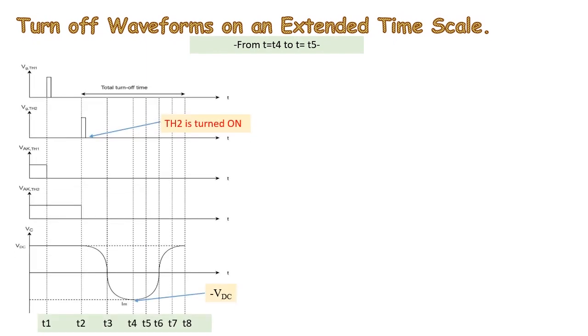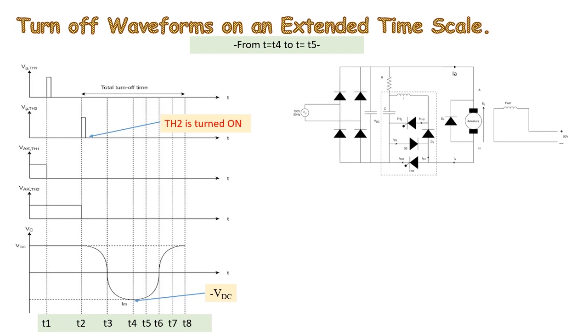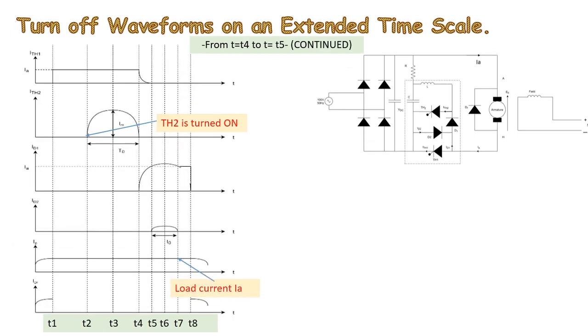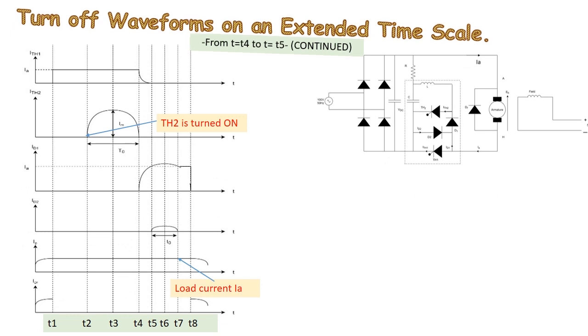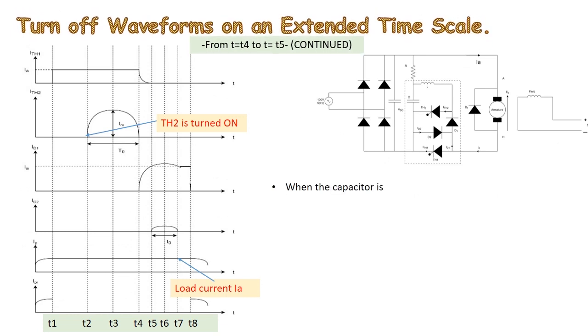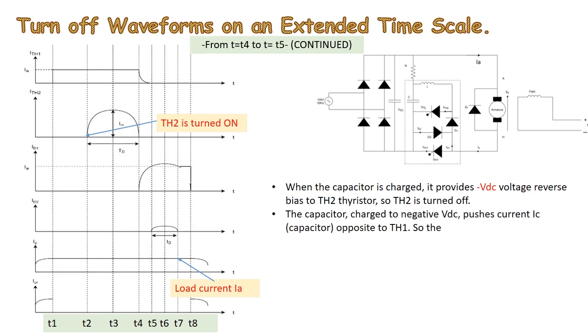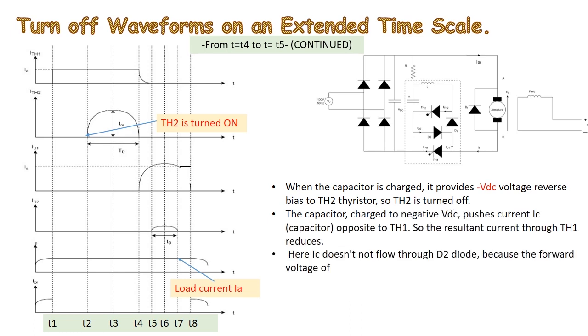When considering time from T4 to T5, the capacitor C is fully charged at T4 and current reverses, and so TH2 is turned off at T4. When the capacitor is charged, it provides minus VDC reverse bias to the TH2 thyristor, so TH2 is turned off.